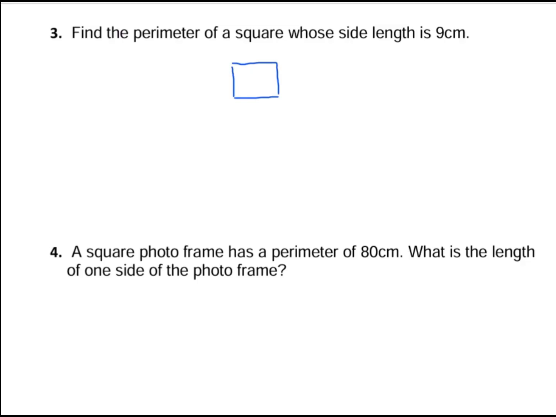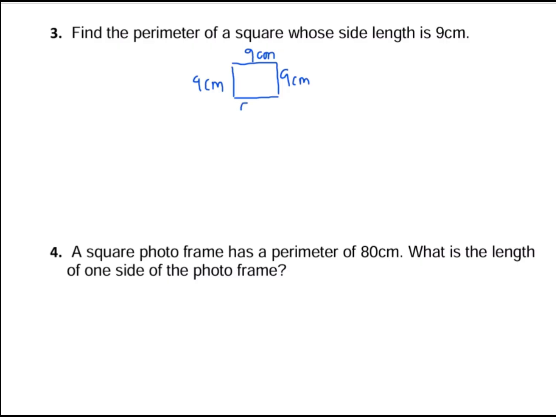We have to find the perimeter. So all the sides of a square are equal to each other. So I'm writing 9 centimeters on all the sides: another 9 centimeters, then 9 centimeters here, and 9 centimeters.